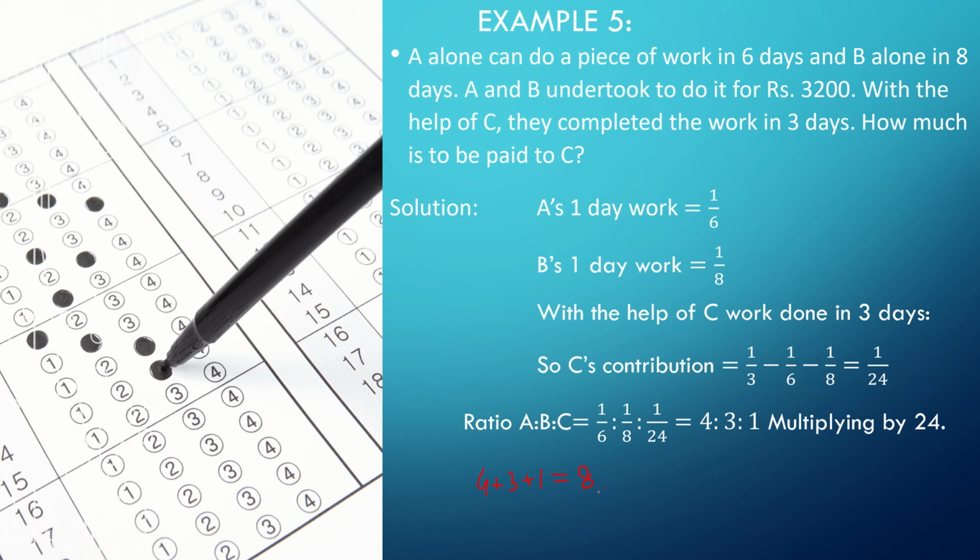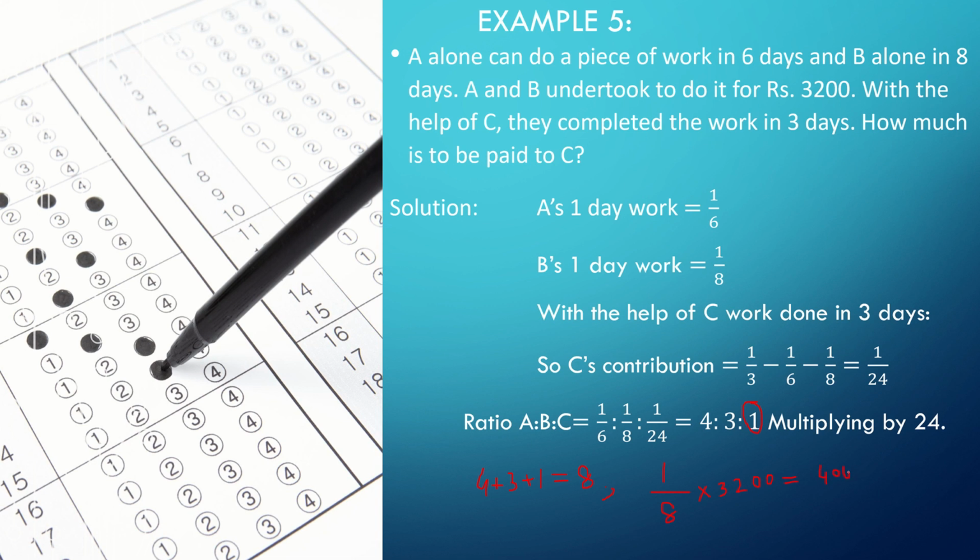Now the fraction of the amount paid to C is 1 divided by 8 multiplied by 3200. So that is the amount that will be paid to C, which is 400.